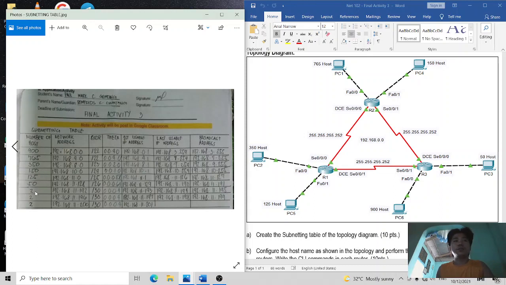So the 3-2 is the 3 hosts: the R1 connected to R2, the R2 connected to R3, the R3 connected to R1. So this is the 2 number of hosts.